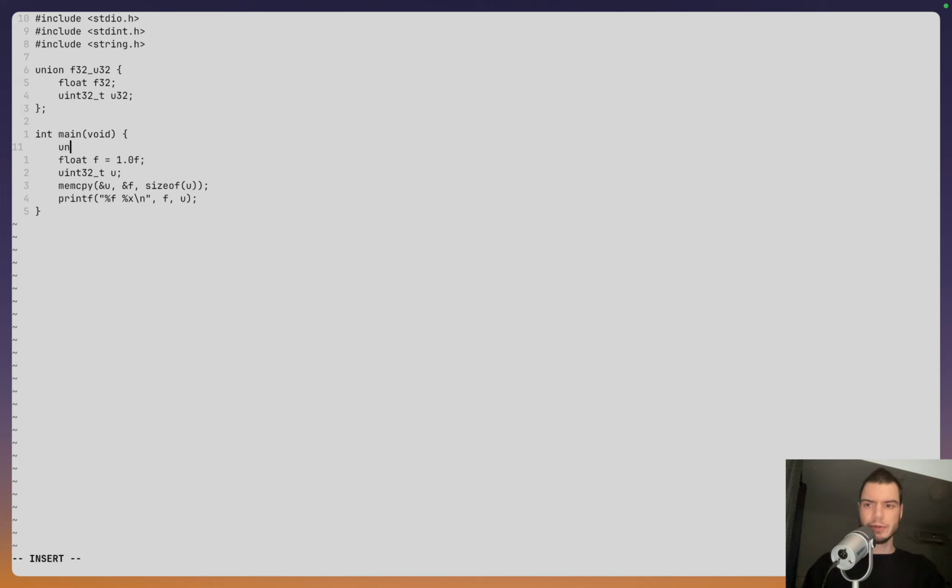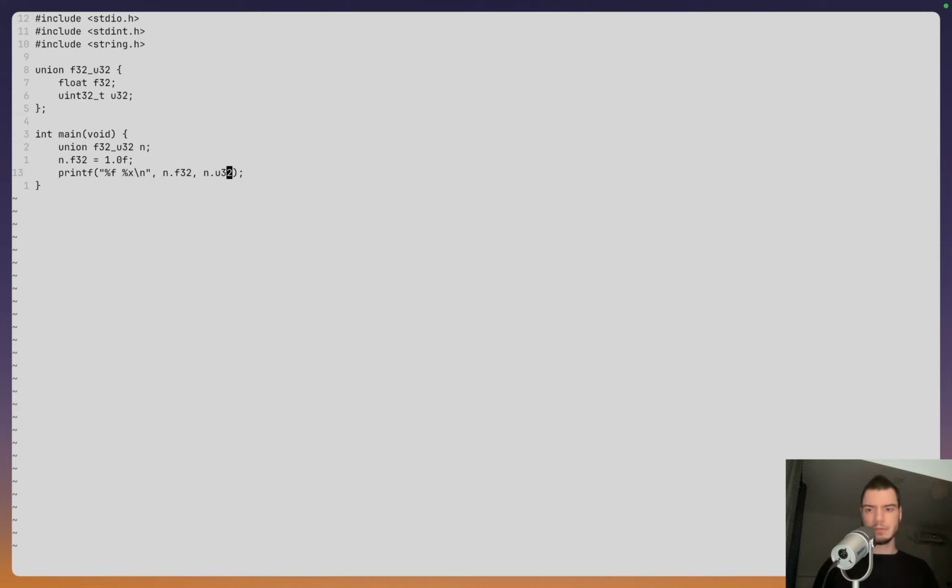And now I can simply create a variable of this type and assign the floating point value that we want to have a look at to the floating point member. Just print that here. And now we can read the unsigned integer member and basically get the same thing as before.